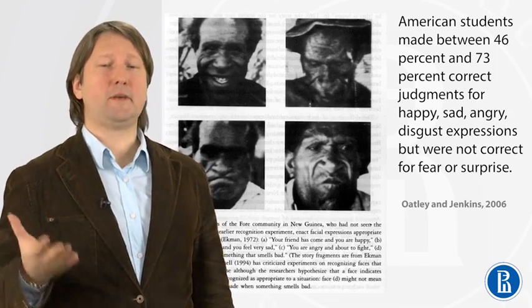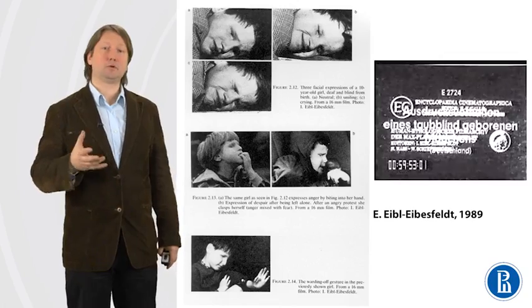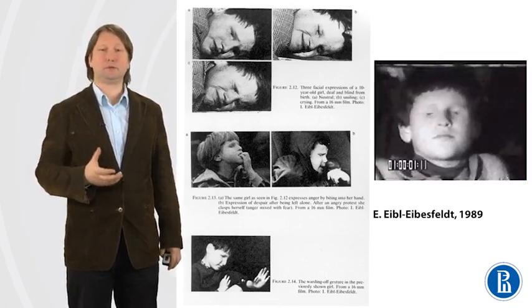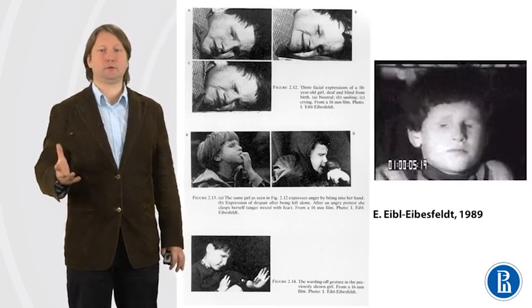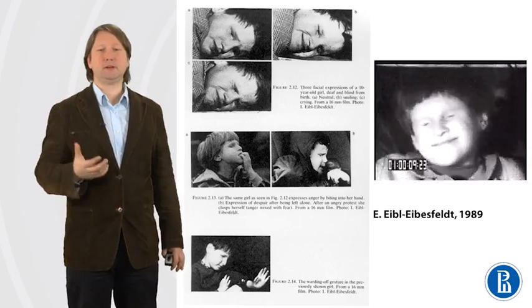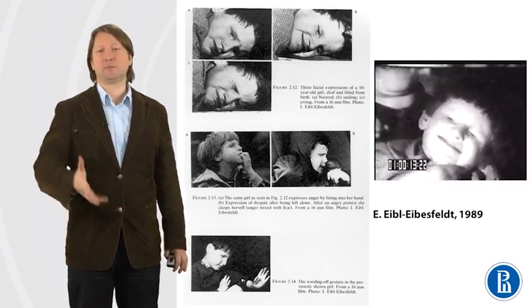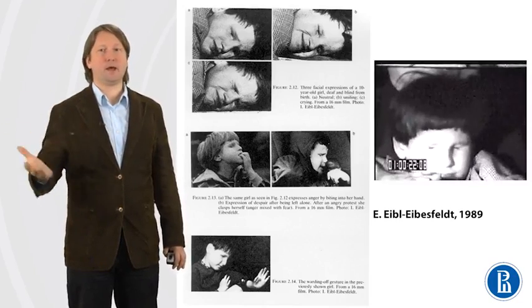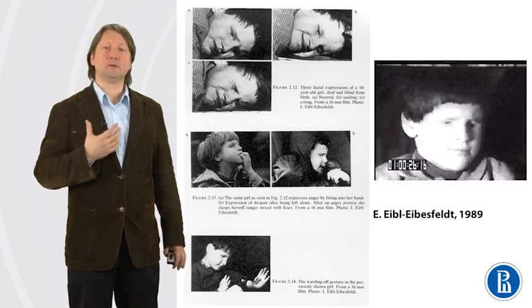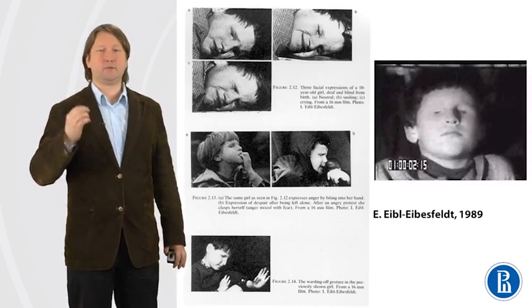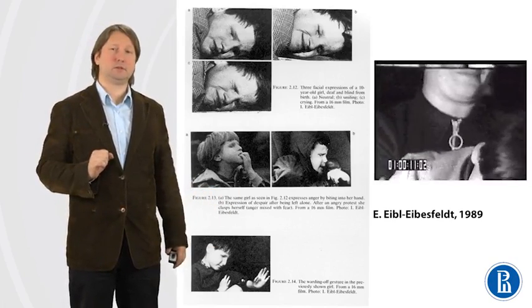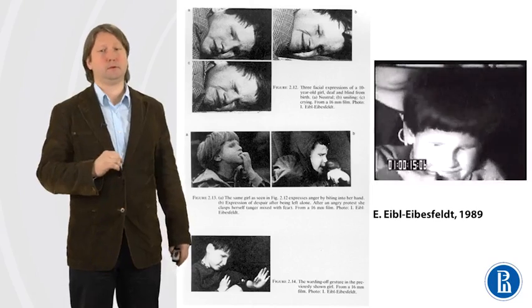So this effect can be illustrated by emotional expressions produced by blind and deaf children from birth. These children never saw any emotional expressions, but as you see here on these examples, they're emotionally expressive. You see clear happy faces, you see smiles, sadness, you see angry expressions on faces of children who never saw any expressions in their life because they are blind from birth.